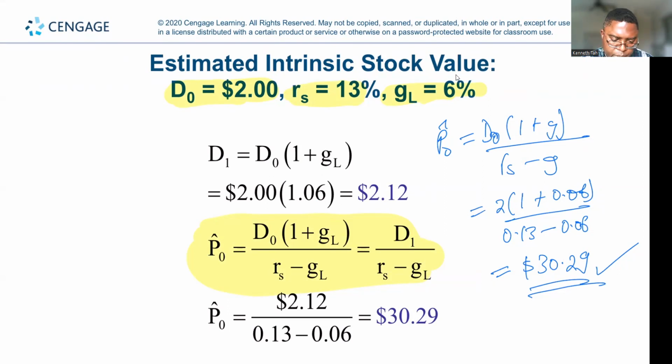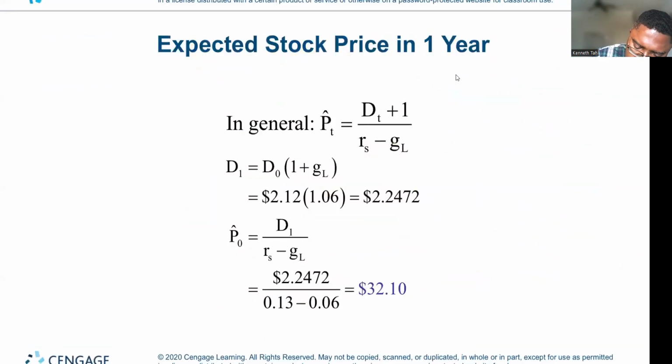All right, so we can look at some things here. We ask what is the expected price in 1 year? We were given before that D0 is $2. So in 1 year, what would D0 be?